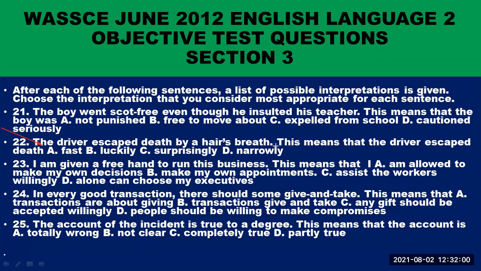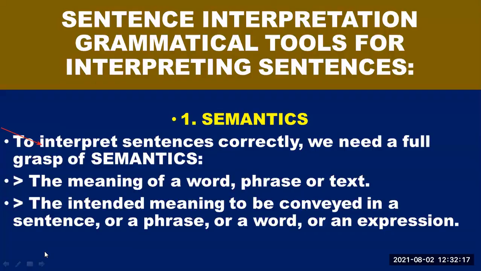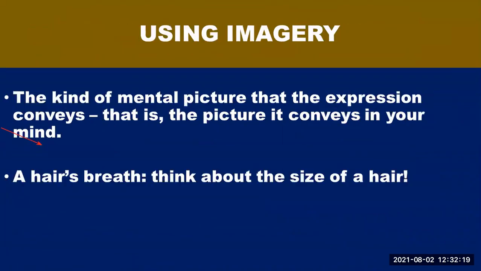Now, sometimes you have to just use imagery, the kind of mental picture that this expression will convey in you. The picture it conveys in your mind will help you to figure out the meaning.